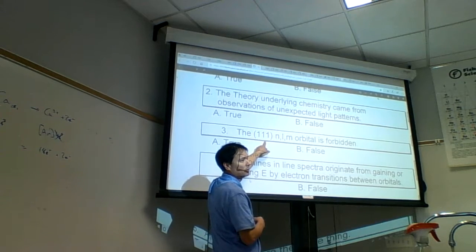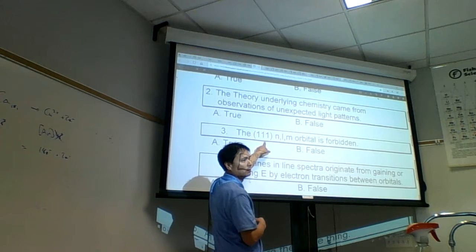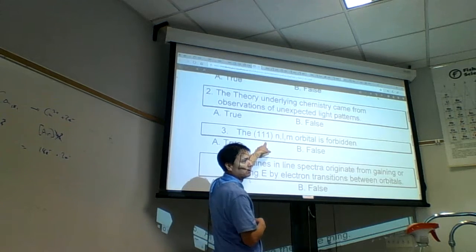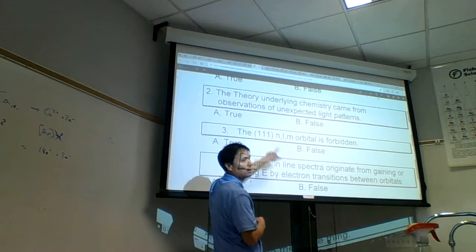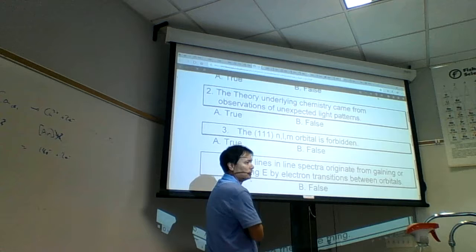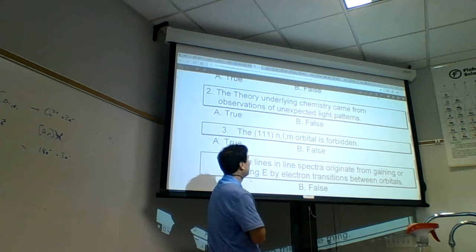What's the problem with the second one? The problem with the second one is that it's too big. You can't have that big of an L value. It's not allowed. It's what we call forbidden.